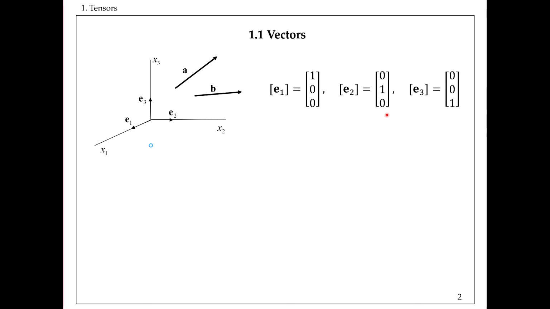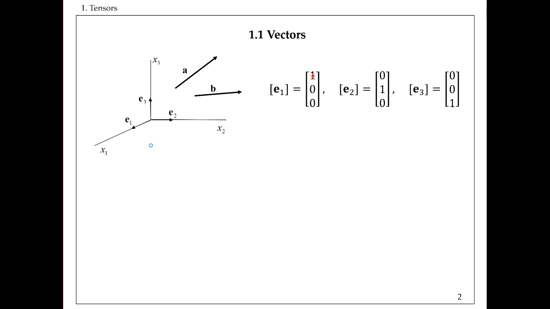So these are indeed components. I try to emphasize here that A and B were denoted in bold, as well as these unit vectors, because they are indeed vectors, but the components here are of course scalars. And this is an important notion.